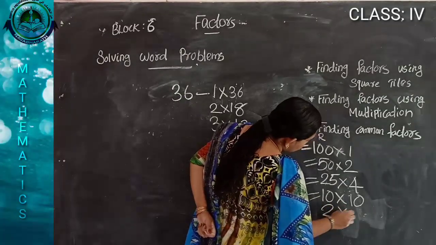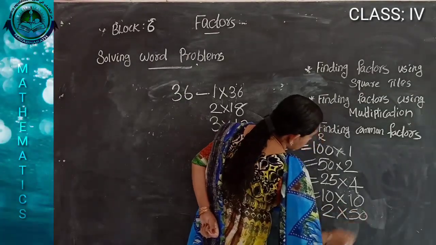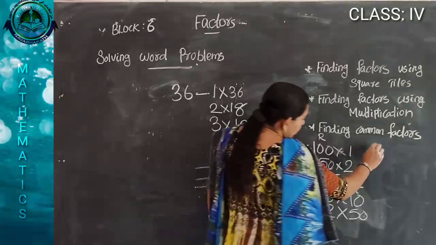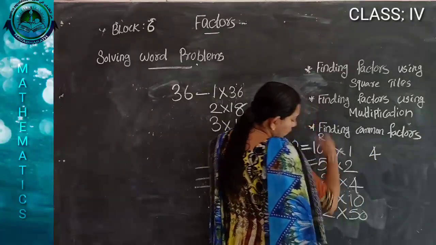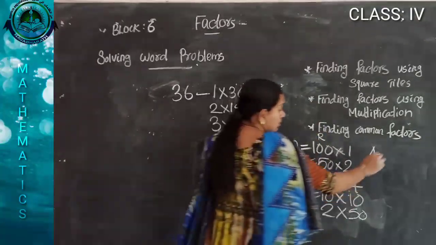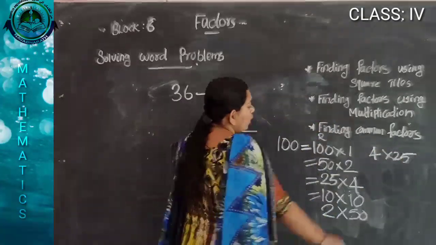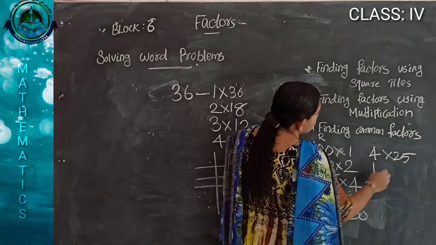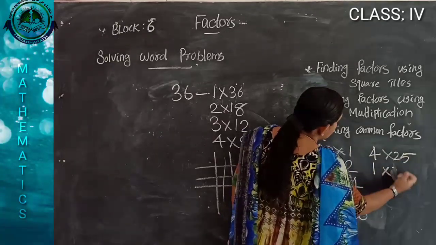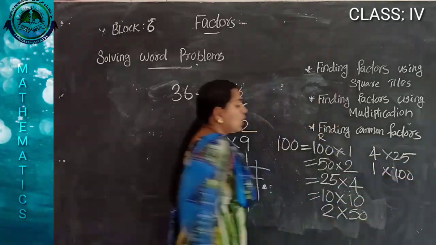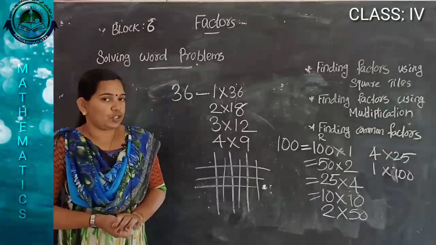Then how many columns are needed? 10. Suppose 2 cars in a row, then 50 columns. Then 4 rows, 25 columns. Then 1 row, 100 columns. This way they are arranged.